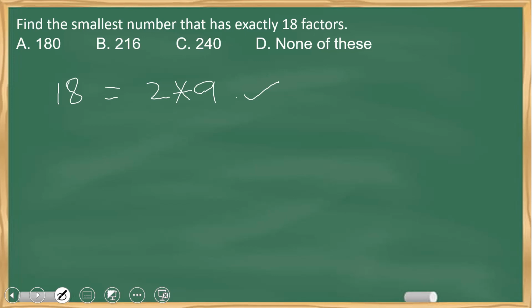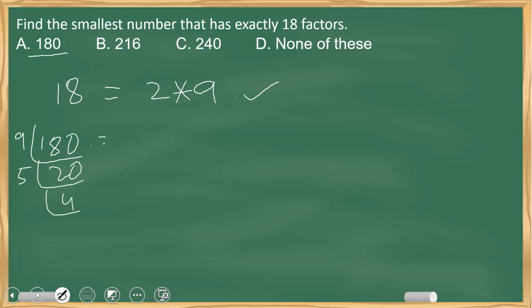Or else there is another way of solving the same question here. You can go with the options also. There is no problem here. So take 180 here. Take 180. Factors of 180, how many? 9 times 20, 5 times 4.